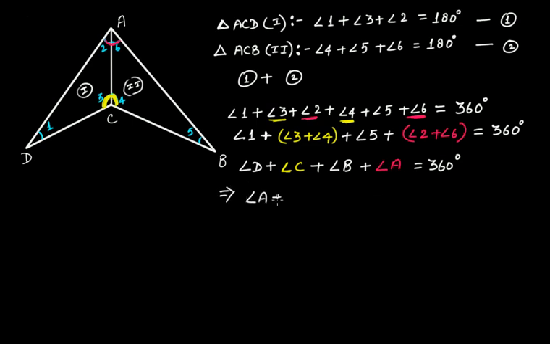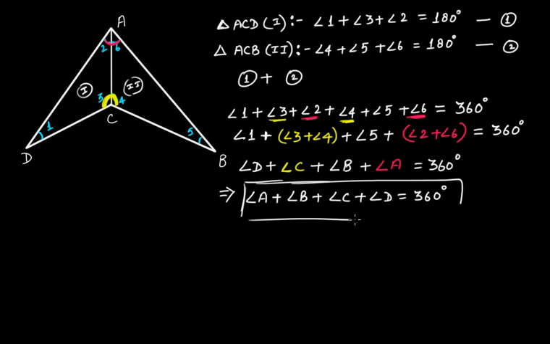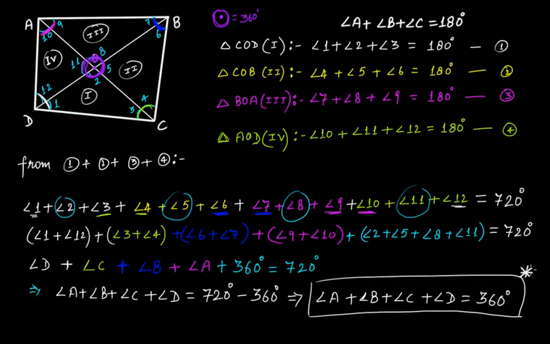So angle A plus angle B plus angle C plus angle D. Even in this case, the sum of the internal angles of a quadrilateral is equal to 360 degrees. So it doesn't matter whether the quadrilateral is concave or convex, the angle sum property of the quadrilateral will hold in both of those cases.